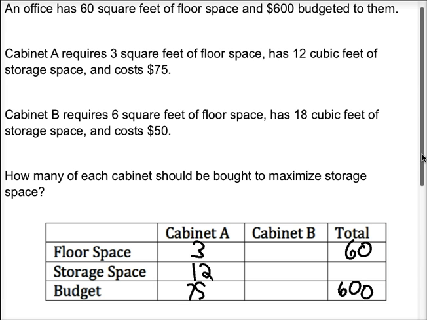Cabinet B requires 6 feet of floor space, gives you 18 cubic feet of storage space, and costs $50. You're trying to maximize storage space.